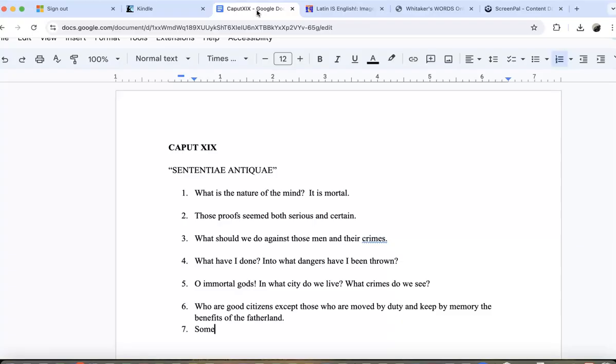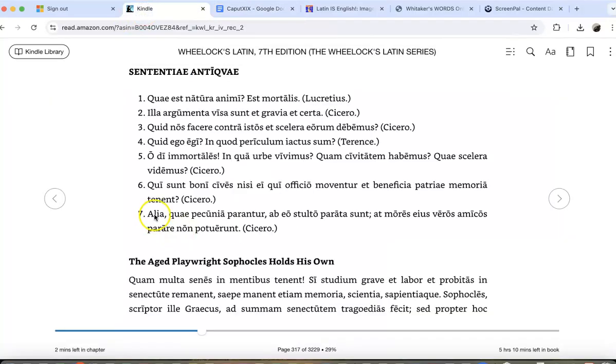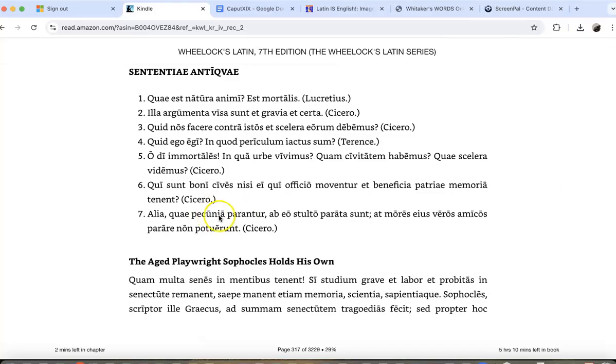So some things, or it could be other things too, which are provided by money. So other things which are provided by money. So there's our ablative again, because pecuniae, so by money.